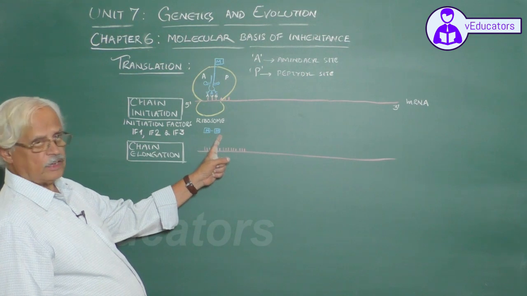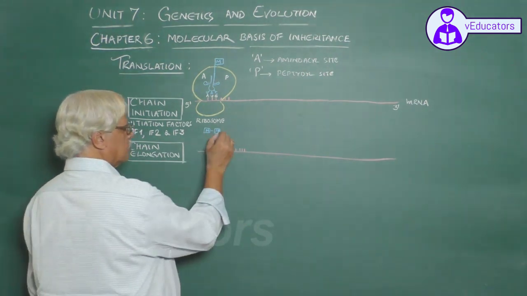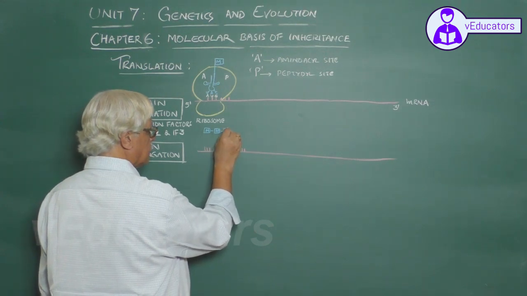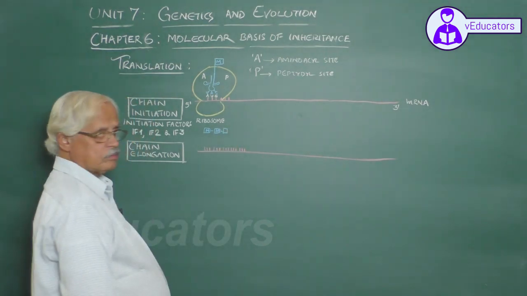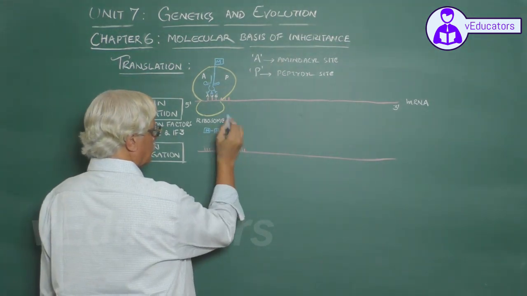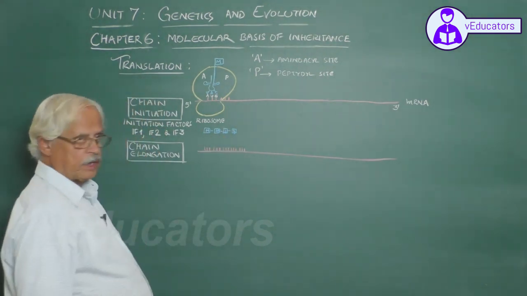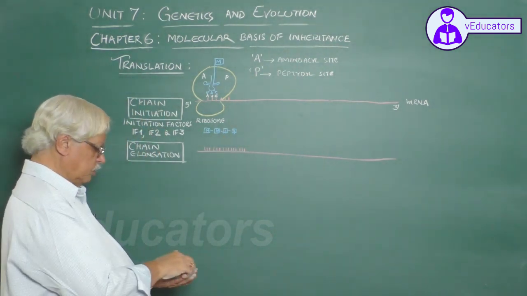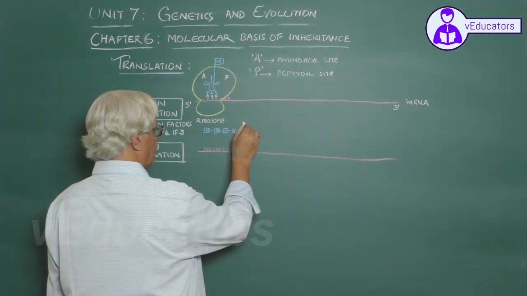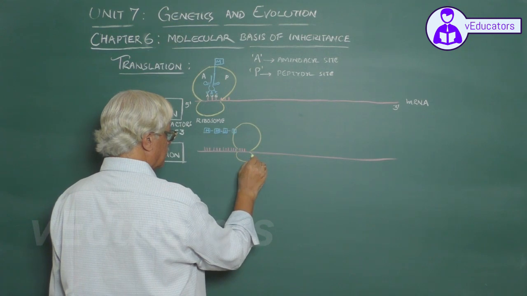Methionine and phenylalanine are joined with one another. Then another amino acid, third amino acid, tripeptide, fourth amino acid, tetrapeptide. Now the ribosome is here.